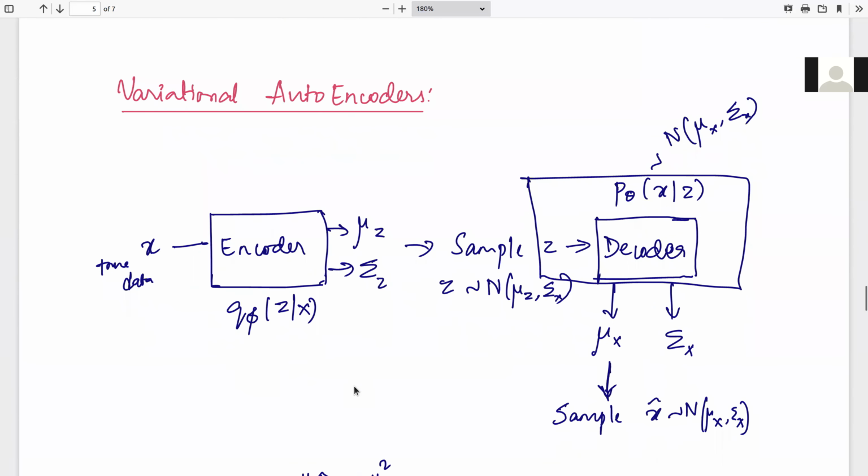The other generative model, which is very popular, is the variational autoencoder. It is slightly similar to autoencoders, but in case of an autoencoder, the goal was to map the input to some hidden latent space from which we can reconstruct the input.